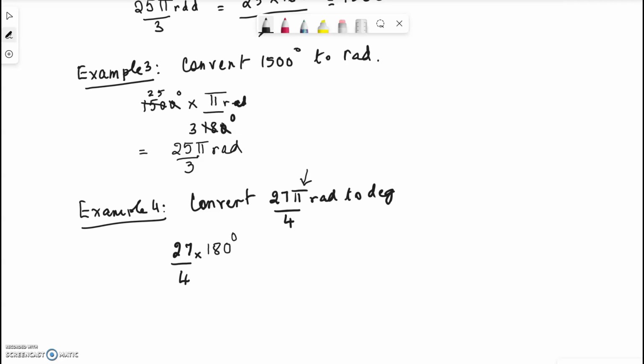Now we just simplify this. 4 times 4 is 16. 4 times 5 is 20. You can do all this with your calculator. And this is equal to 1215 degrees. Remember, that's what we converted.